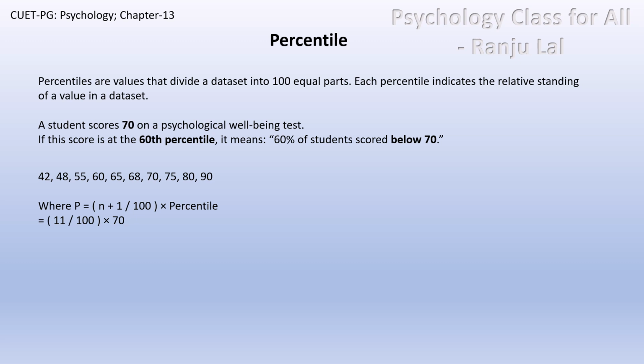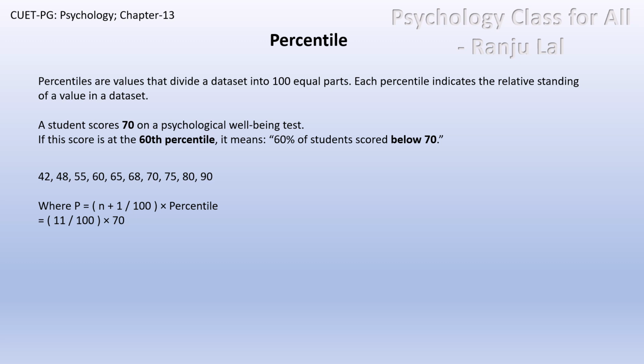It falls between the 7th and 8th value, 70 to 75. We are counting the positions starting from 42. So starting from 42, the 7th and 8th values are 70 and 75.